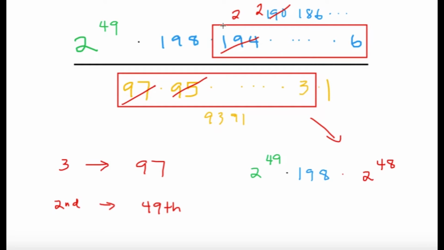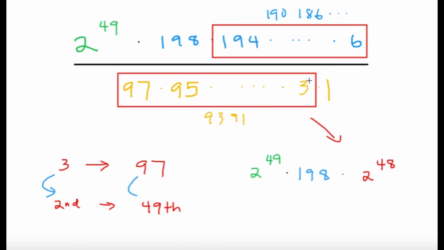So we just have to count how many 2's there are. Let's take a look at the denominator. Since we have 97 down to 3, how many terms is this from 3 to 97? We're talking about the odd numbers. The 3 here is the second odd number, and 97 here is the 49th. So 2 to 49 gives 48 numbers in total.